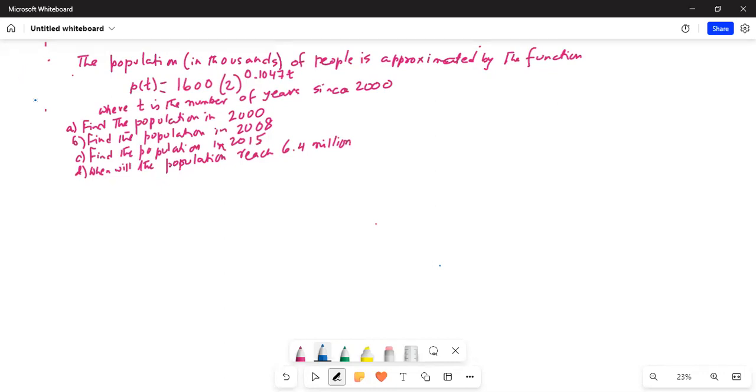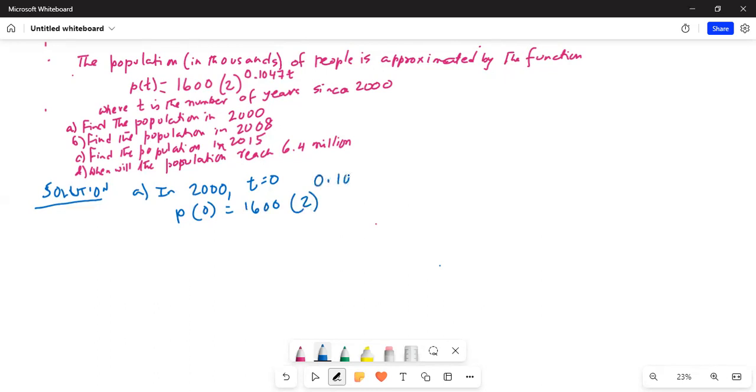Solution. In 2000, t is equal to 0. So the population P at t equals 0 is 1600 times 2 to the exponent 0.1047 times 0, which is 1600 times 2 to the power of 0. 1600 times anything raised to the power of 0 is 1600.